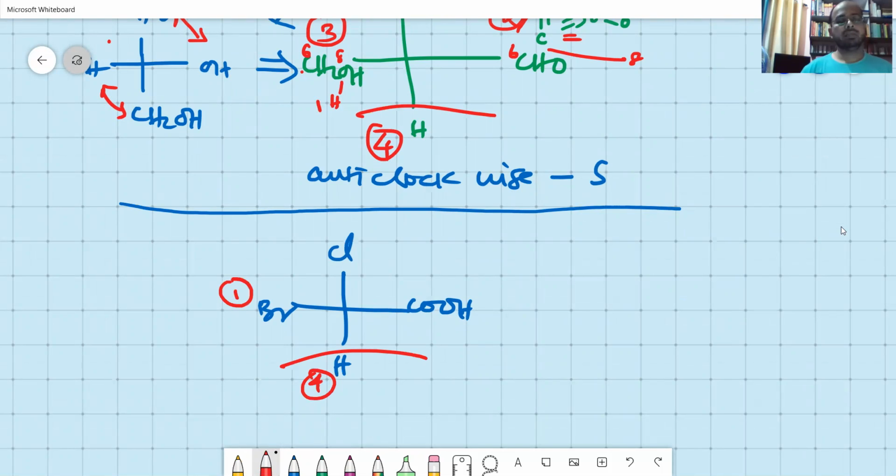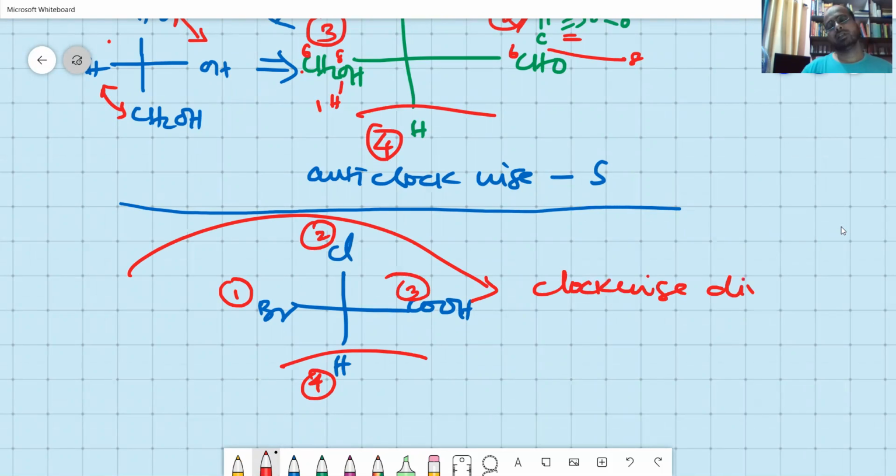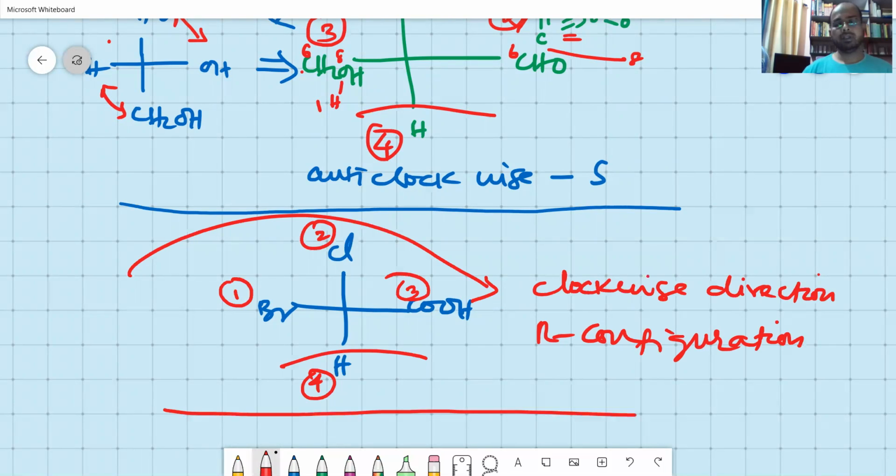This is the first priority because bromine has higher weight. Second priority, chlorine. Third priority, carbon. Okay, so this goes in the clockwise direction, and therefore it is R configuration.